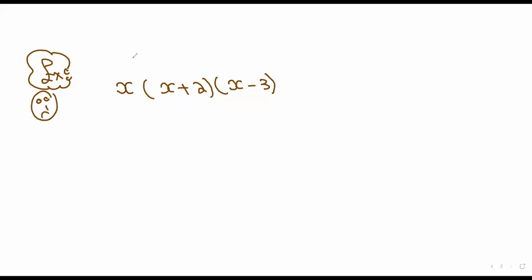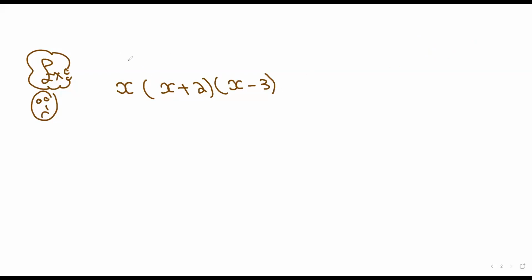If you have 3 items multiplied, it doesn't have to be 3 brackets. Same thing: you pick any 2, you multiply, you simplify, then you multiply by the third.